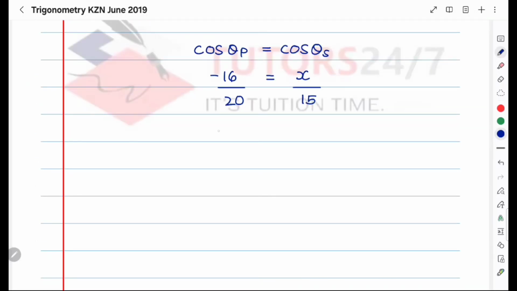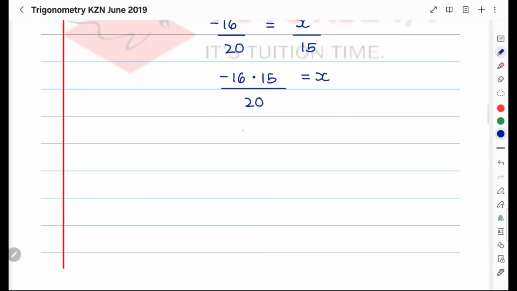From here, we will cross multiply and end up with negative 16 times 15 all over 20 is equal to x. We can put this into our calculator, and we therefore have x as equal to negative 12.